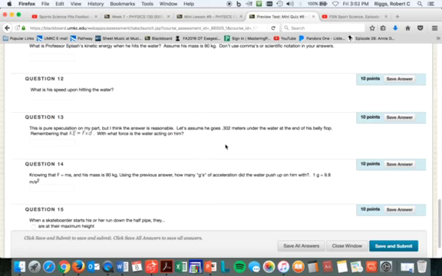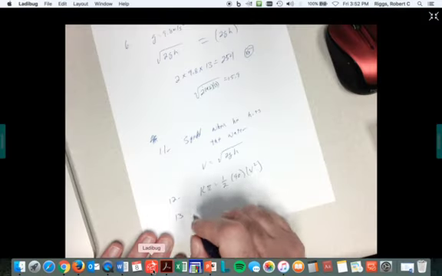I've got to flip-flop those two again. Now, take your kinetic energy and divide that by the force that he hit the water, which you calculated as mg. So what are we talking about in problem 13? Here's what you're doing.